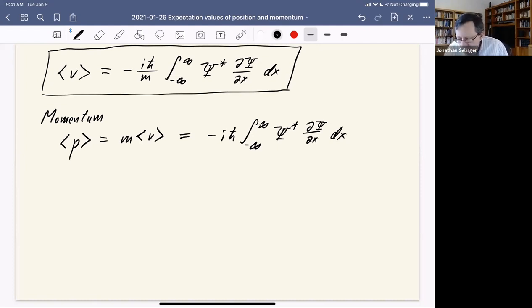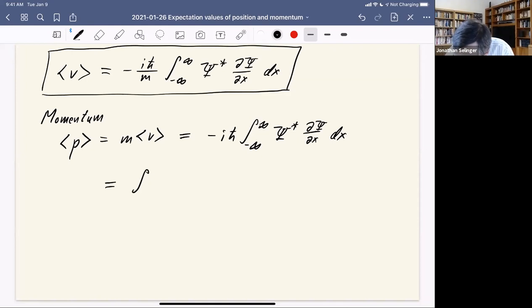That is a nice integral to get the momentum. There is a conventional way to rearrange these terms. Let me show it to you. The way people normally rearrange these terms is to put the minus i h bar inside the integral in a funny place, in the middle of the integral.